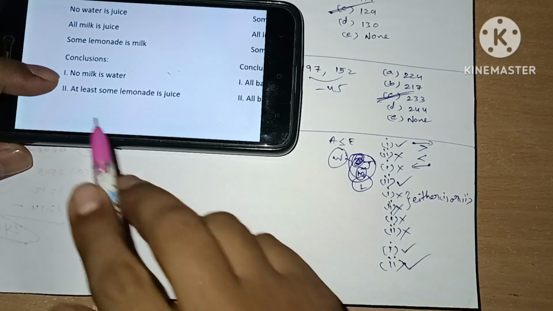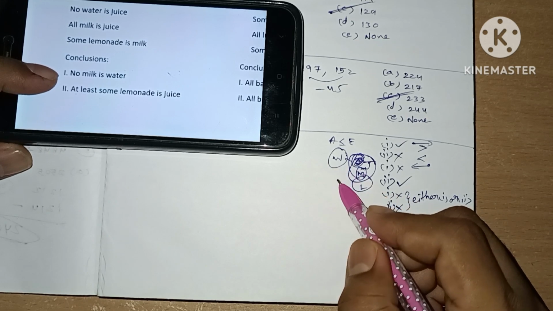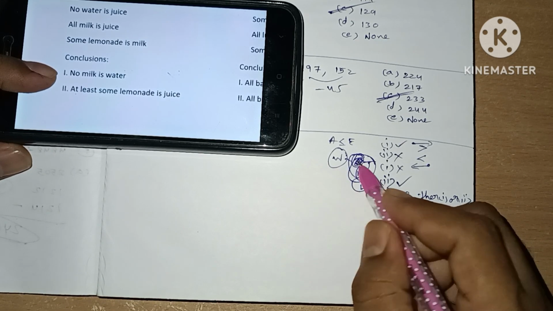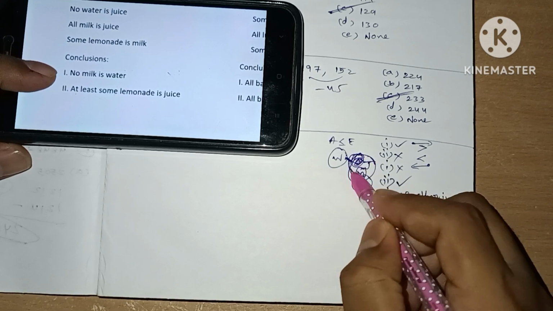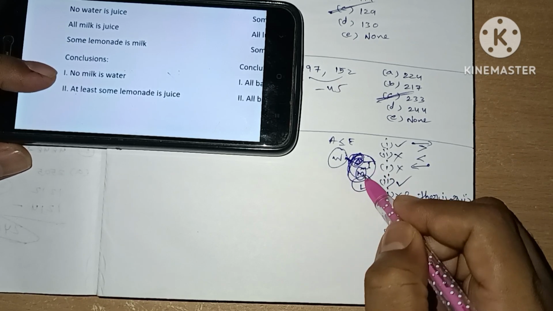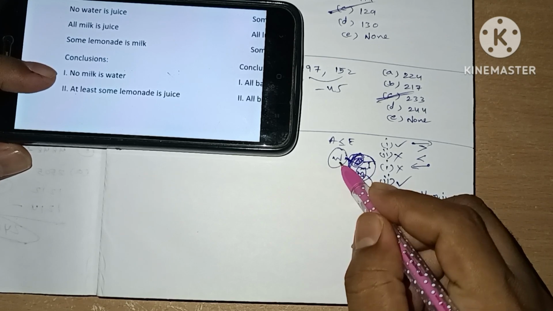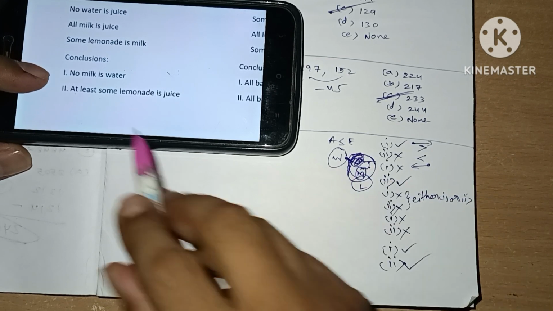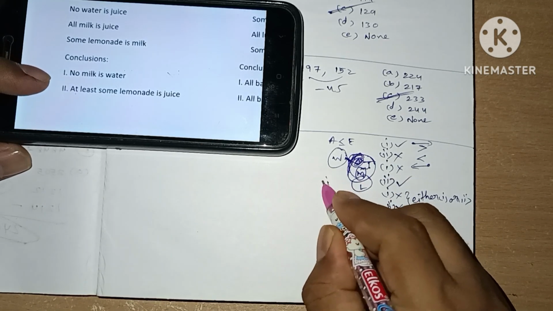Let's see conclusions. No milk is water. We check whether some milk can be water or not. Some milk can share with water, and this is juice. No, it is not possible. If some case is not possible, no case will be true. So first conclusion will be true.